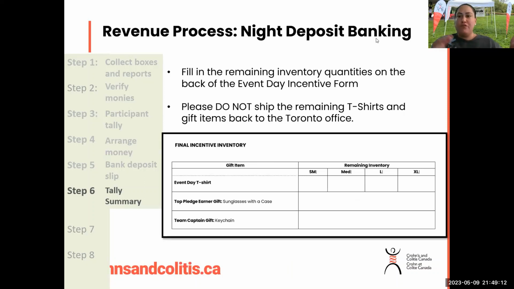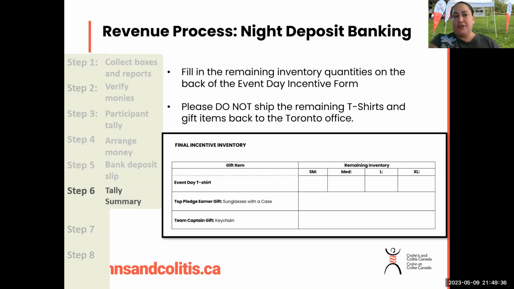So before we had the inventory together on the event day tally summary, but now we separated it, and the event day incentive not received form we showed earlier. It's where you record if someone is missing a t-shirt or top pledge earner gift. That form is two-sided.